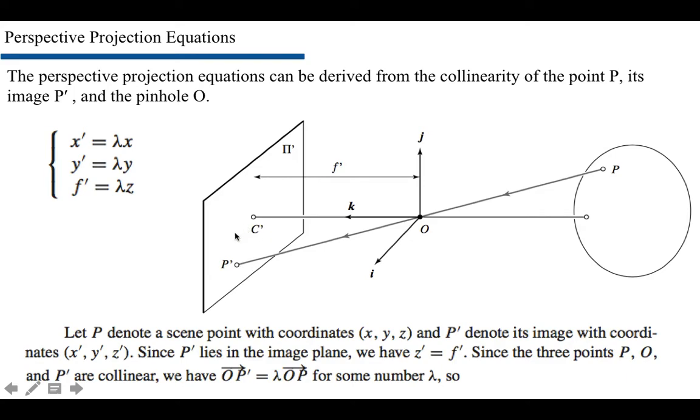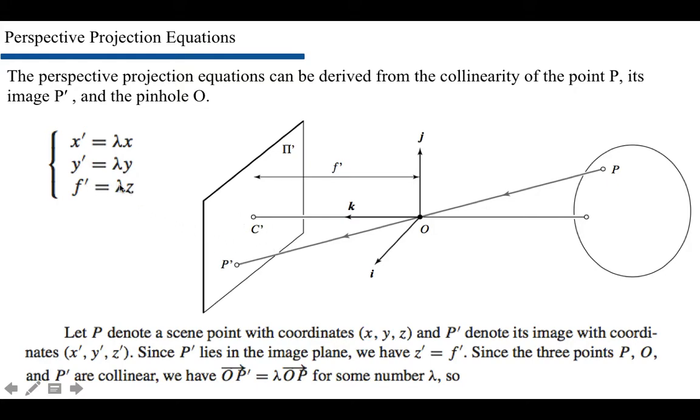And then if we observe it, there will also be the same relation with this lambda. So this new x prime will be lambda times the original x in the same coordinate system, and y prime will be exactly the same, lambda times y.